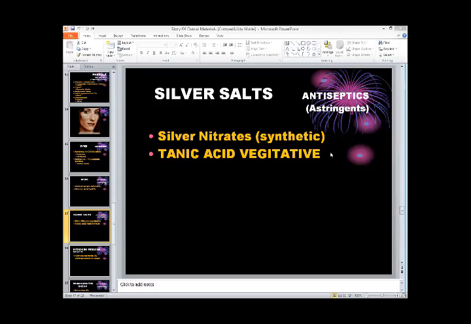There are mouthwashes available in the market, and we can say that they are with mild silver nitrate or mild effects of tannic acid. These mouthwashes are very helpful for us in sensitivity of teeth.